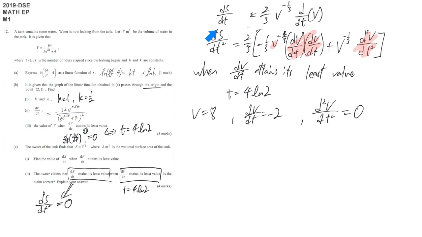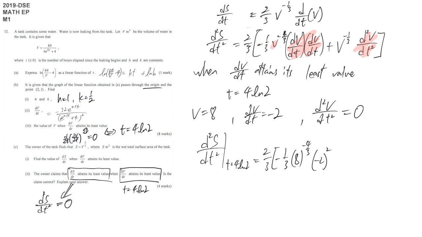Therefore, we can get the second order derivative for s in this situation, t equal to 4 natural log 2. So it's equal to 2 over 3, times -1 over 3, times 8 to the power of -4 over 3, and then -2 bracket squared, and then plus 0. Just make sure you use the calculator very carefully. Then we get -1 over 18.